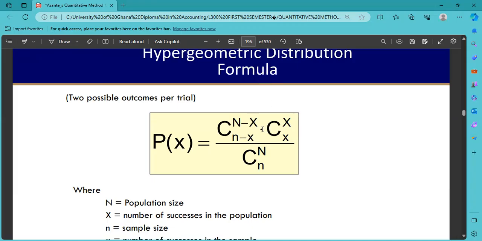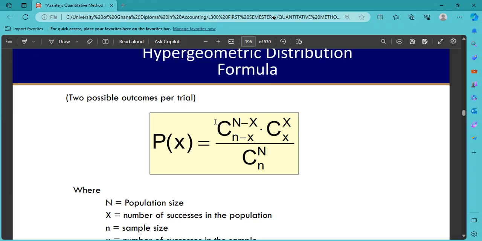Then you multiply it by the combination of the number of successes in the population and the number of successes in the sample, all over the combination of the population size and the sample size.